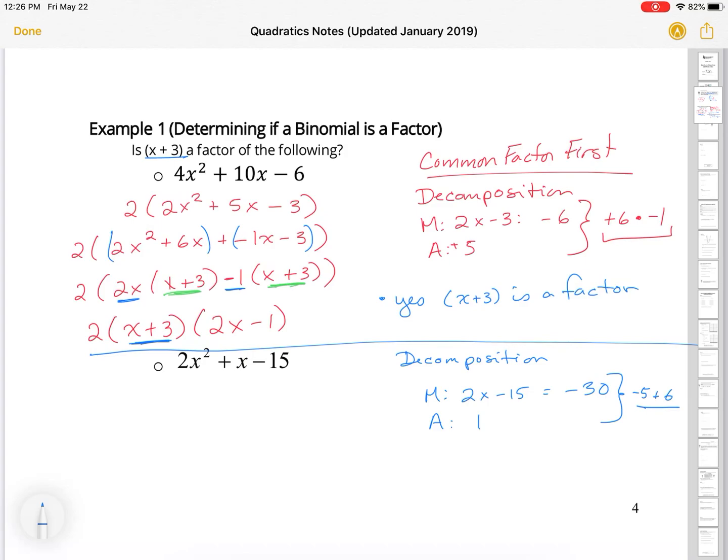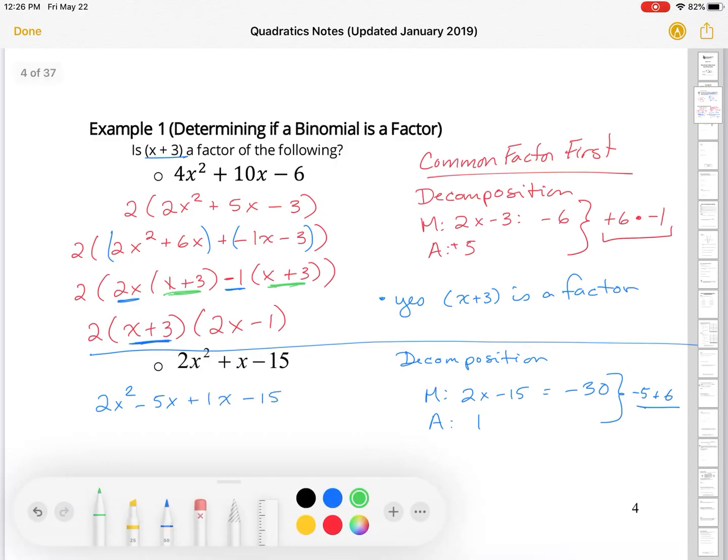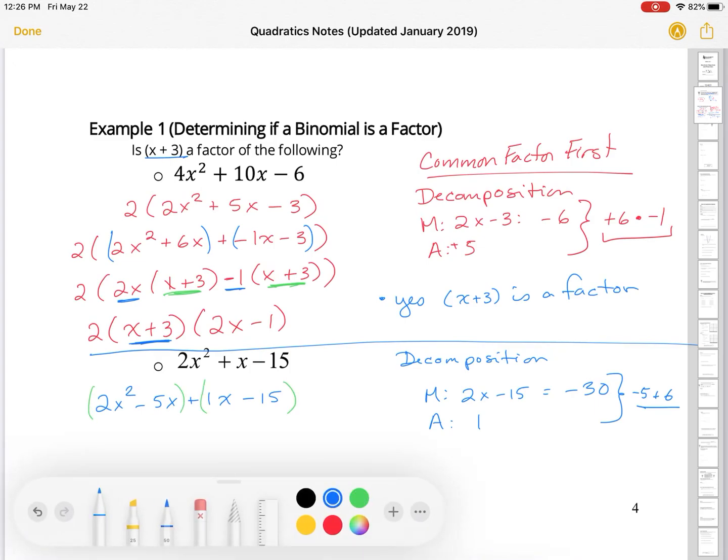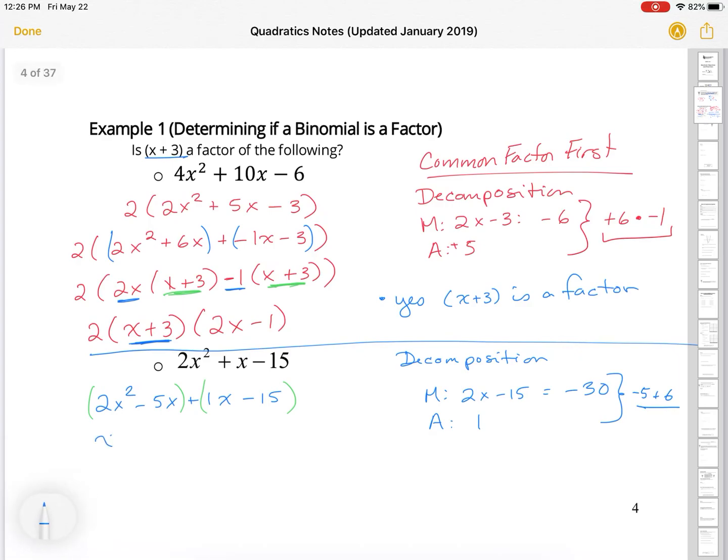Negative 5 times 6 is negative 30, and negative 5 plus 6 is 1. So 2x squared, negative 5x, plus 1x, minus 15. So do my grouping. Hopefully you can see that. First one, all I can take out is an x. So I'll get 2x minus 5.